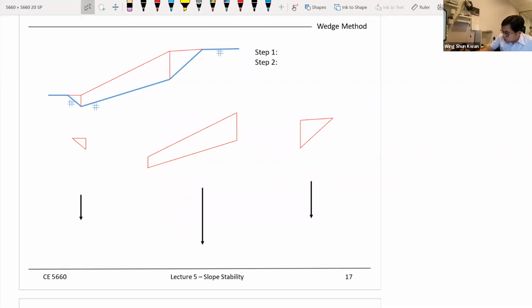It could be the case that you have a weak material there. You know that when it fails, your soil will slide on the rock or on a weak plane right there. It will fall as a wedge instead of a circle. So that's something else we need to deal with.